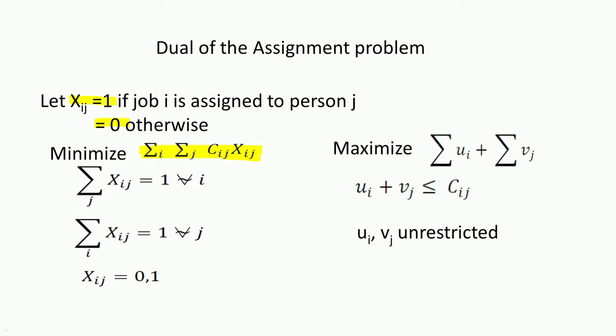The second set of constraints says for every job it will go to only one person. So, the 2 important sets of constraints, each has n constraints if the assignment is an n by n problem, n jobs and n people. There are n square decision variables because xij, i equal to 1 to n, j equal to 1 to n. There are n plus n, 2n constraints.